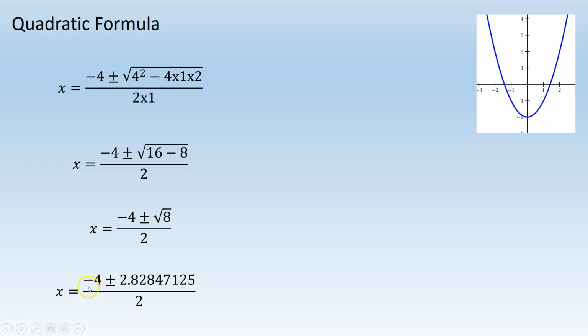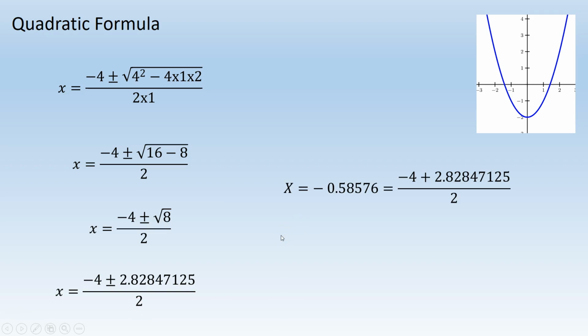So now we've got -4 plus or minus 2.82847125. And we're going to do this twice. We're going to do -4 plus this, and then we're going to do -4 minus this, and each of those is going to be divided by 2.